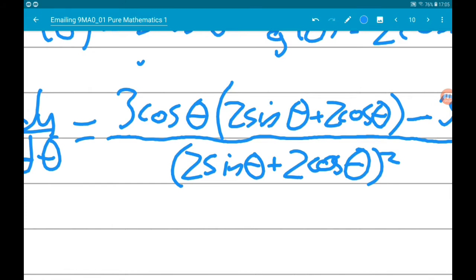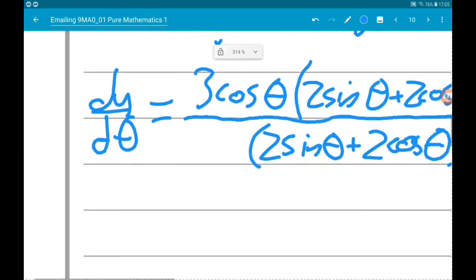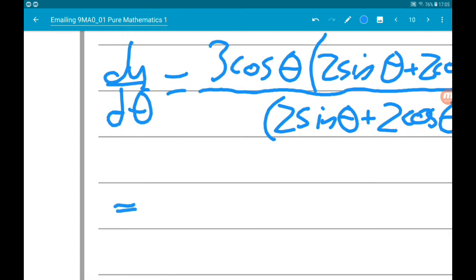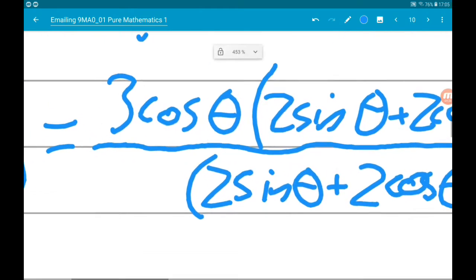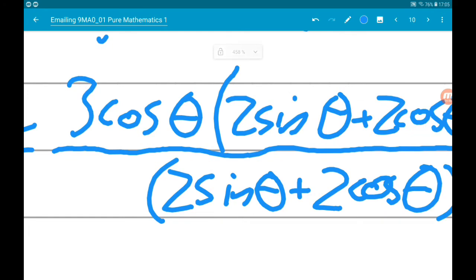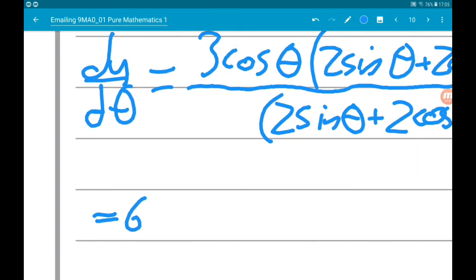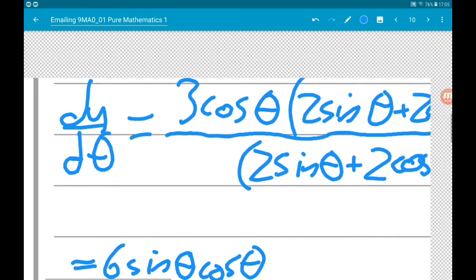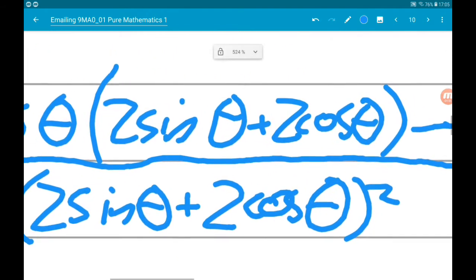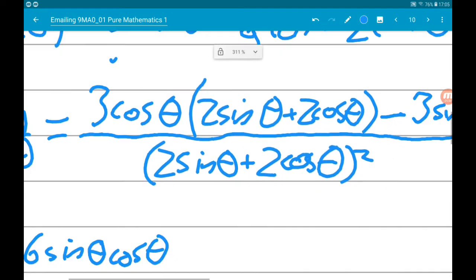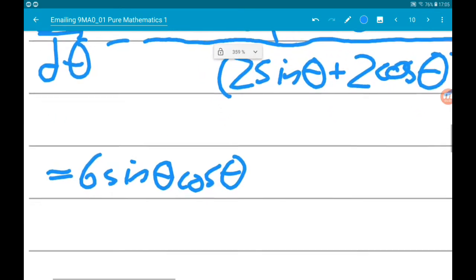Okay, so let's expand and simplify. So up on top we have 3 cos of theta times 2 sine of theta, so that's going to give us 6 sine theta cos theta, and then we got 3 cos times 2 cos, so that's going to give us 6 cos squared.